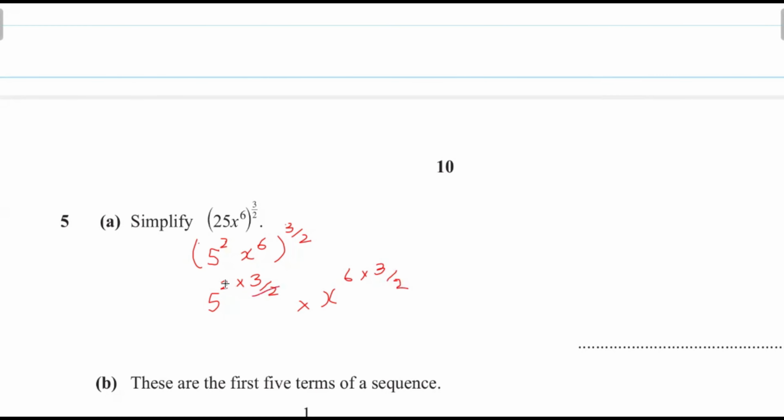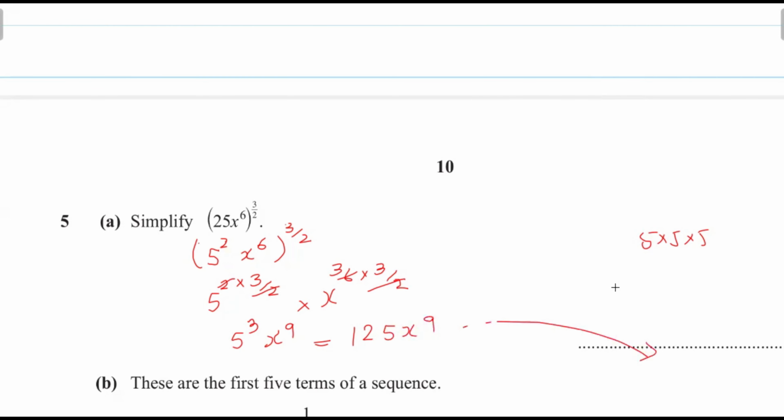Now the 2 will be cancelled, and 2 times 3 is 6. Now we can write 5 power 3 into x power 9, and 5 power 3 is 5 into 5 into 5, which will be equal to 125x power 9.